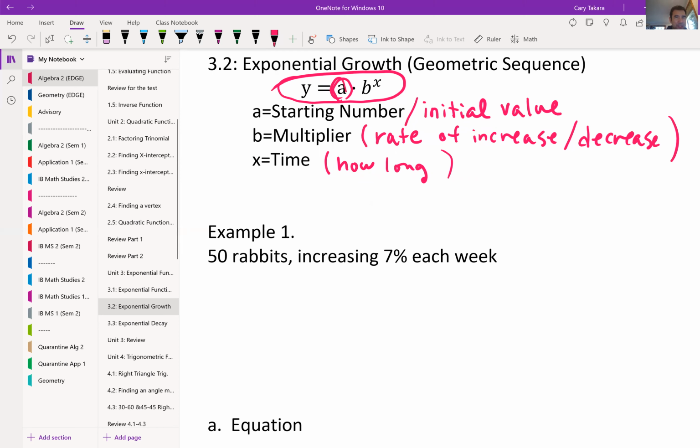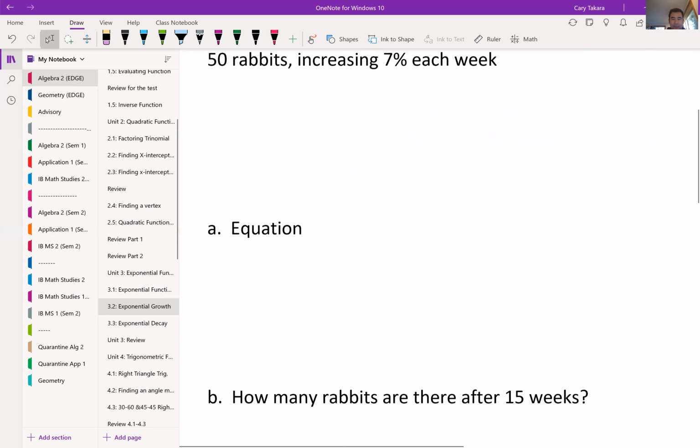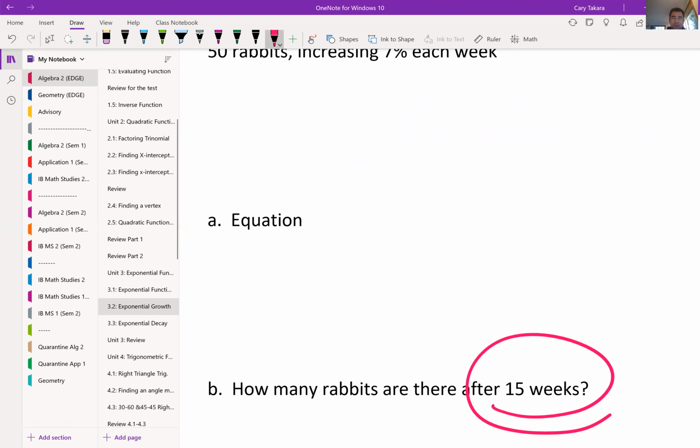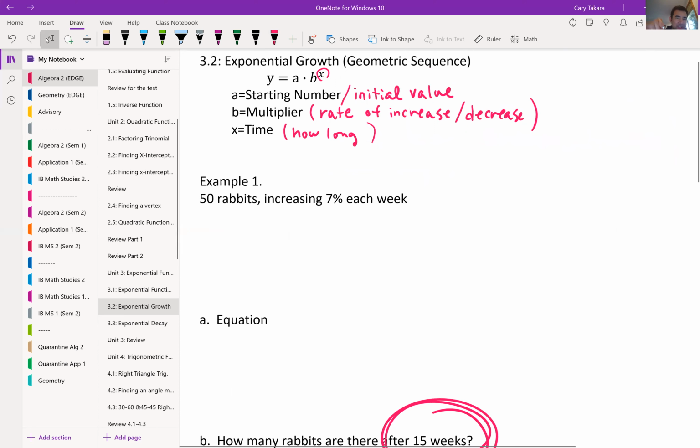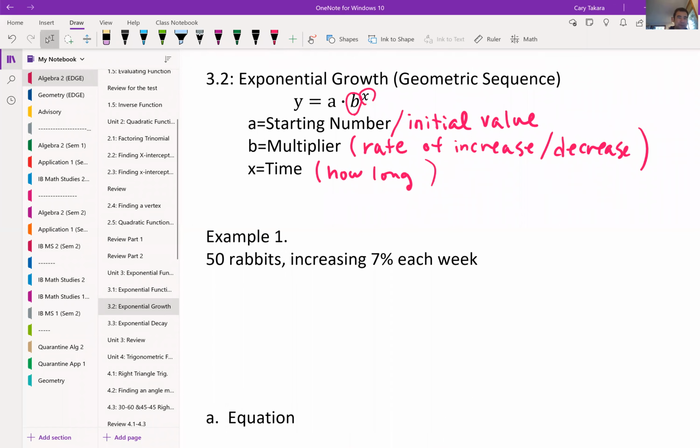A is pretty easy, A is going to be 50. And the x, the exponent, for example, 15 weeks, we're going to put 15 into x. But the big challenge right now is, what do we put for B, the multiplier, the rate of increase? Let's figure out what to put in for B.